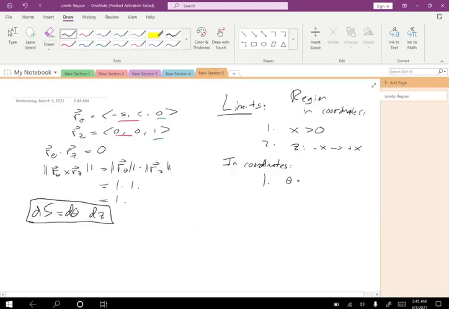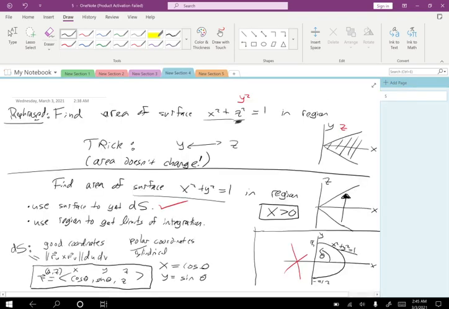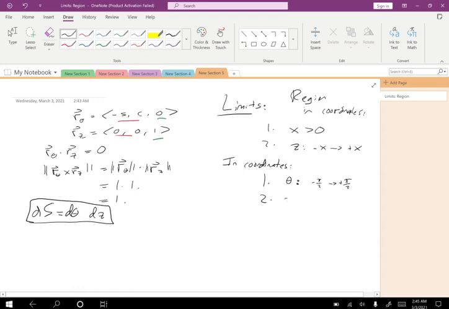So the first constraint corresponds to theta living in minus pi over 2 to plus pi over 2. So what about the second one? Well, there's not a whole lot we can do with z because it's polar coordinates. So just plug in what x is. x is cosine theta, so z will range from minus cosine theta to plus cosine theta.